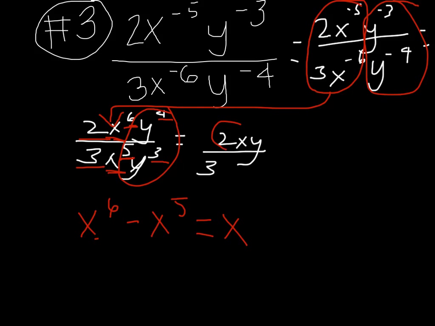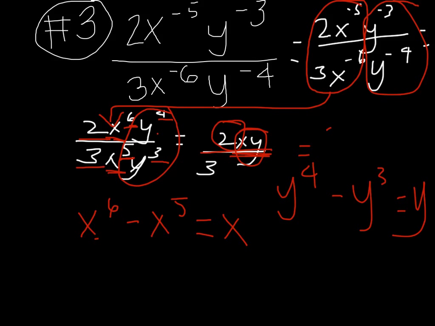So then it's 2x right there. And then you get y to the 4th minus y to the 3rd, and you just get y. Once you get the two variables alone, you have 2 over 3, and you leave it the same, and then your answer is 2xy over 3, and that's your answer.